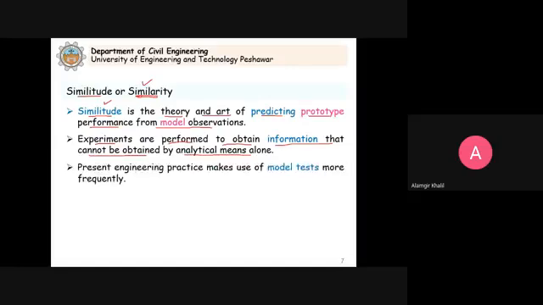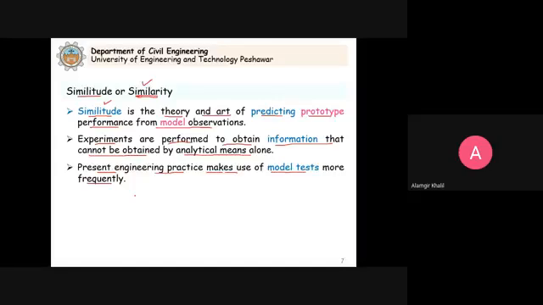So present engineering practice makes use of model tests more frequently. Now what we are observing is that not only civil engineering, but in other fields of engineering, for example, we have industrial engineering, mechanical engineering, aeronautical engineering. Clear?